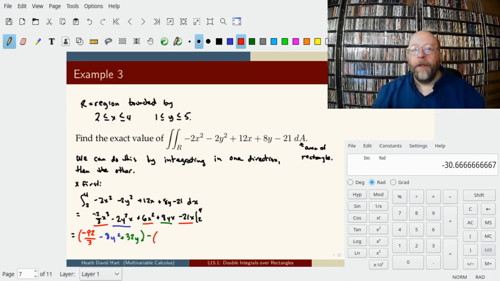Okay, so negative 2/3 times 2 cubed is negative 16 thirds. So 16 divided by 3, make that negative. Then the next term is plus 6 times 2 squared. 6 times 2 squared is 24.